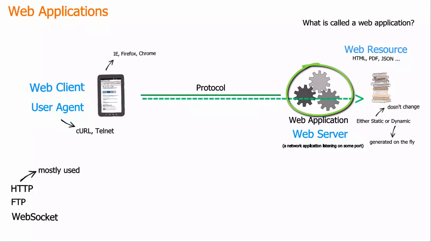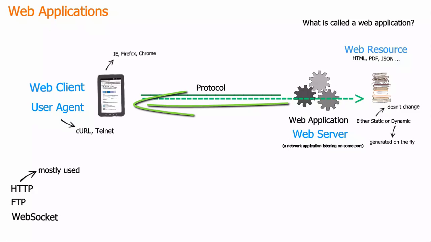When a request for that particular resource comes from a web client, the web server gets the current time from the system, puts it into a JSON, XML or HTML document, and then sends that document back to the web client.